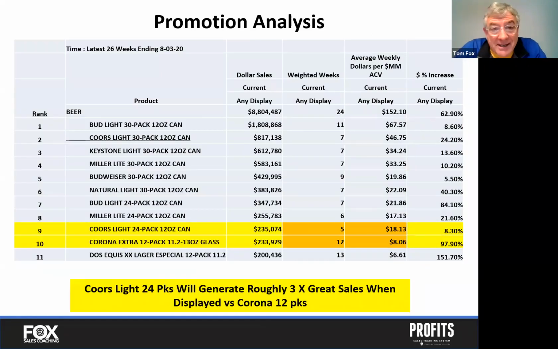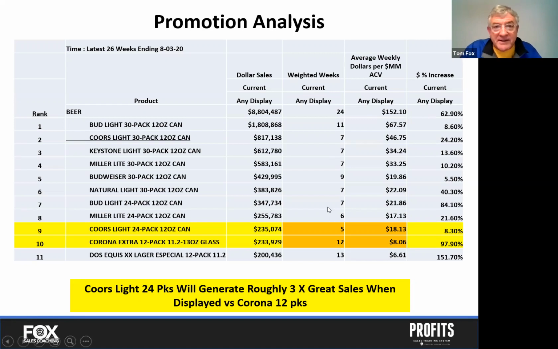If we had syndicated data, and I want to expose people to some of the measures that would be available if you have a good Nielsen or IRI workstation where you can generate a lot of these promotional measures, it's similar to the analysis we would do with assortment. We're comparing velocity to availability.